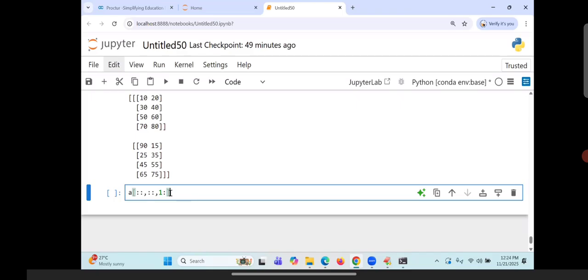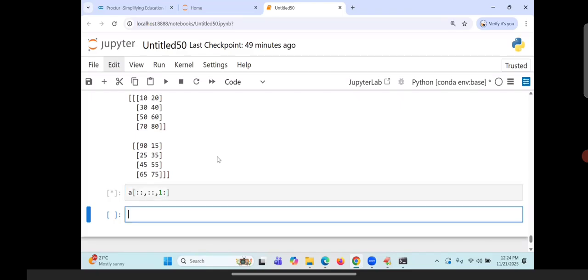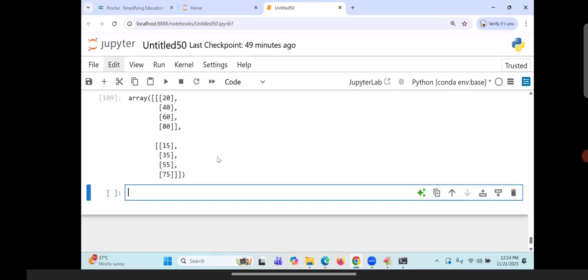Right, good. Now I will write it. See the answer now. Are you following me? Can I ask one more question? Ready to answer? Look at A of colon, colon 1, colon, colon 1. Now I am writing minus 1 colon, minus 1 colon.